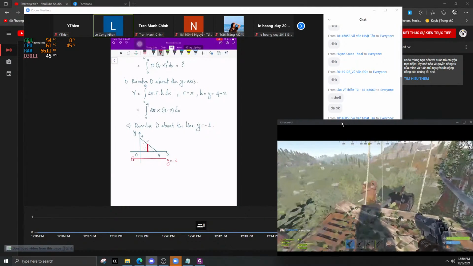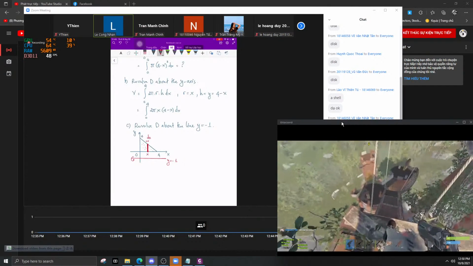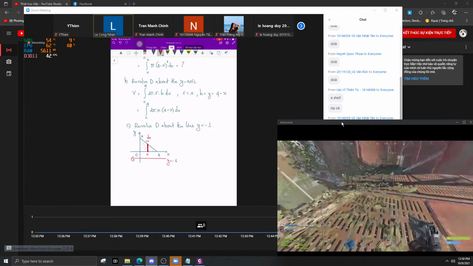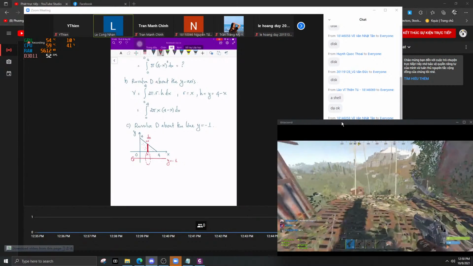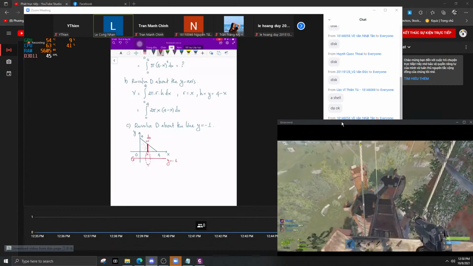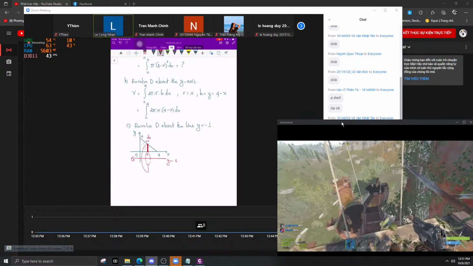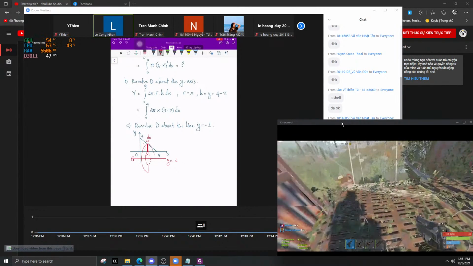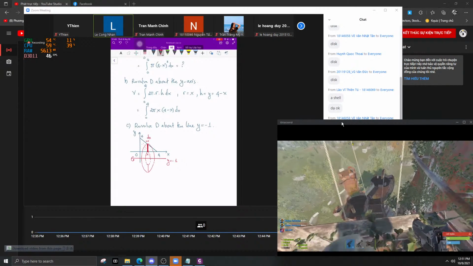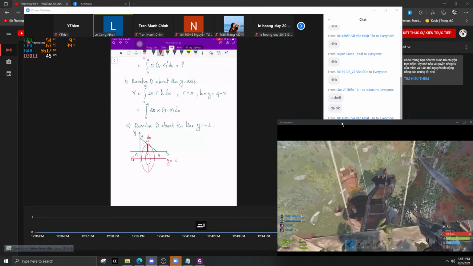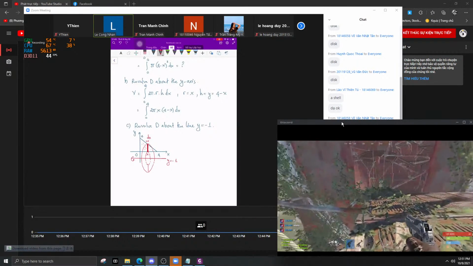If we rotate this about the line y equals minus 1, it looks like a disk, but it has a hole in the middle. Therefore this is a washer, because it has a hole in the middle.